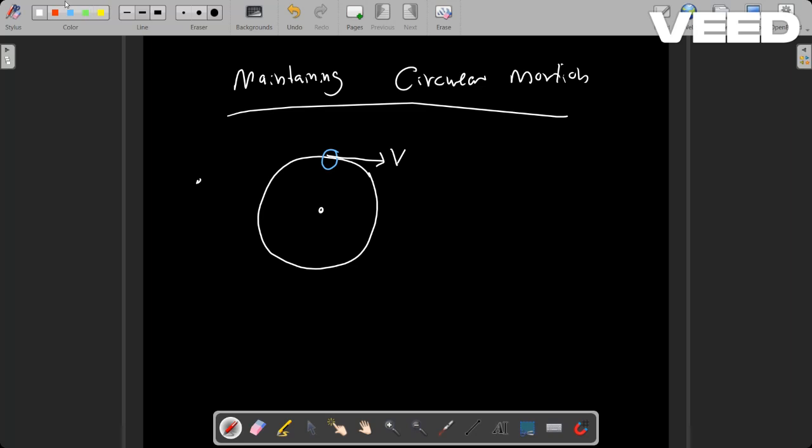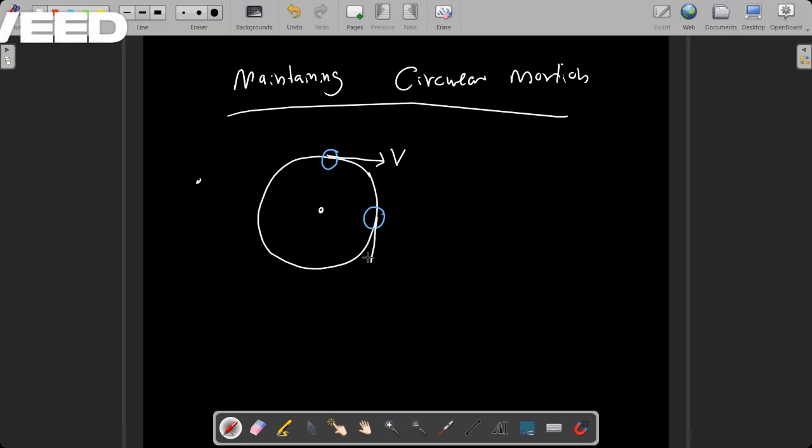For example, same object over here, it is having the velocity up to this direction. So the direction of the velocity is always changing. So it is a vector quantity, and therefore the acceleration is towards the center of the circle. That is what we derived that day: centripetal acceleration is equal to r omega squared, the square of the angular velocity.